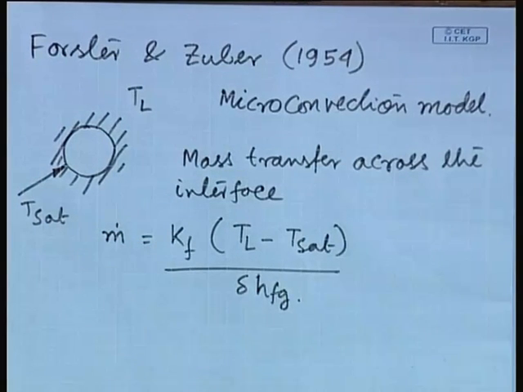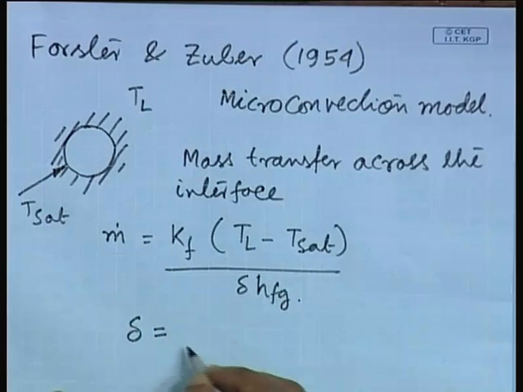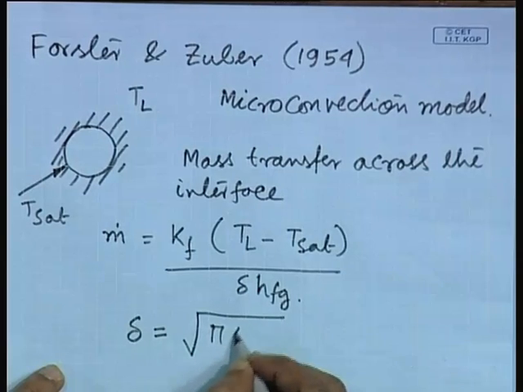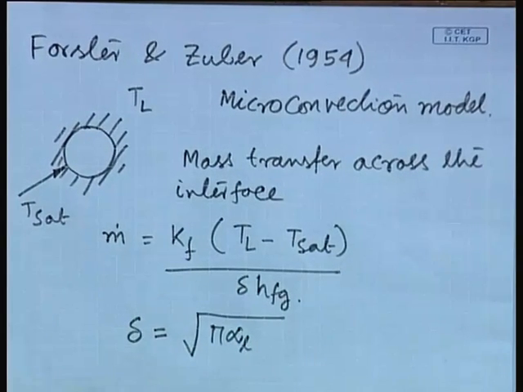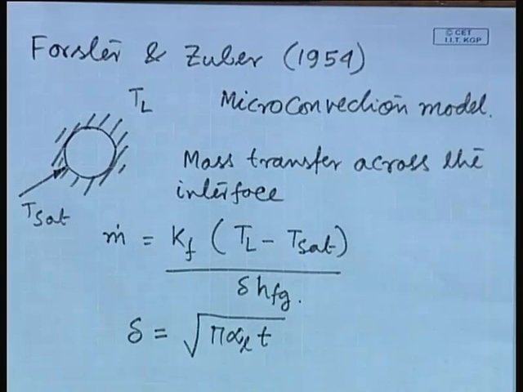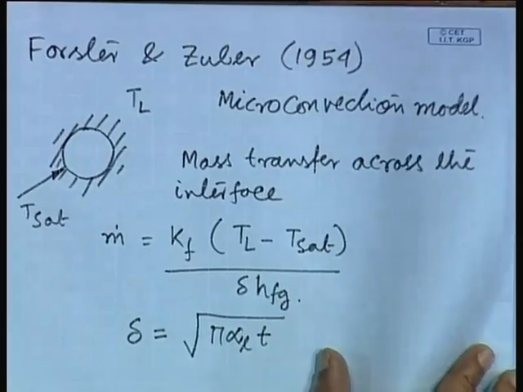Delta is some sort of a film thickness or boundary layer thickness, and we have already seen by the transient conduction analysis, delta can be scaled like this: root over pi alpha L t, alpha is the thermal diffusivity of the liquid, and t is time. So, this is how the delta can be scaled from our transient conduction equation.